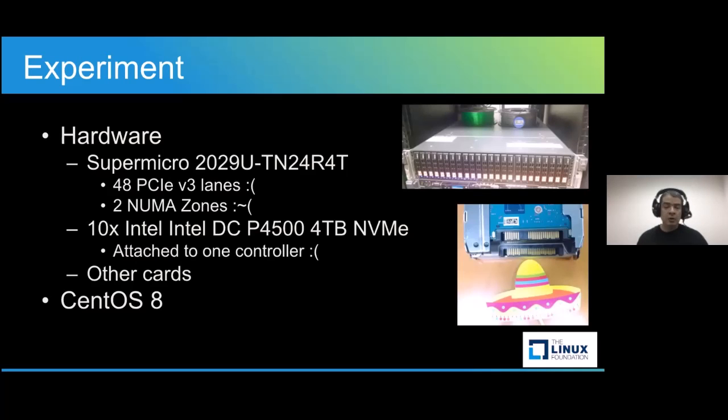The host that we've been using for testing this is an old Supermicro box, which also doubles as my 3D printing filament dryer. It has 48 PCIe v4 lanes, and also dual Intel CPUs, each of those with 18 cores.